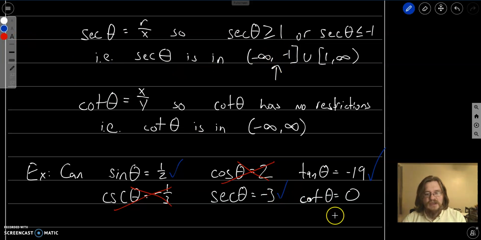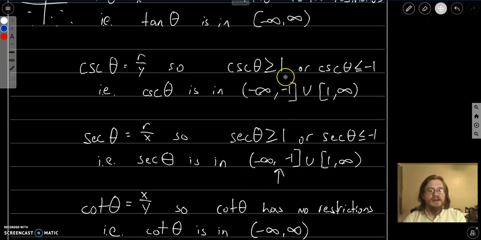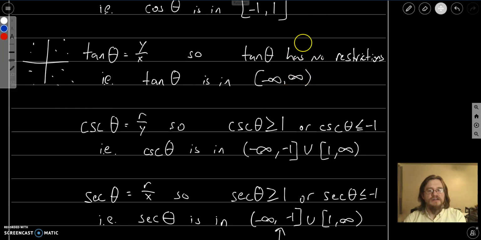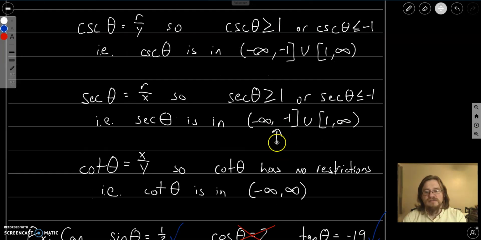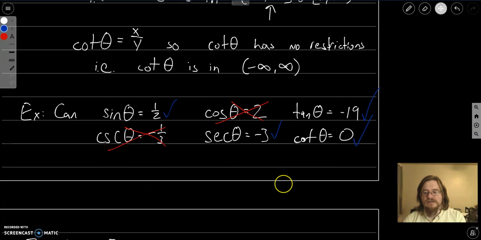That works. And then the cotangent being equal to 0, well, again, the cotangent can be literally any number, so that is certainly possible. So 4 of these were possible, 2 of these were impossible, and we can just check the ranges that are possible in here to see whether or not they could exist.